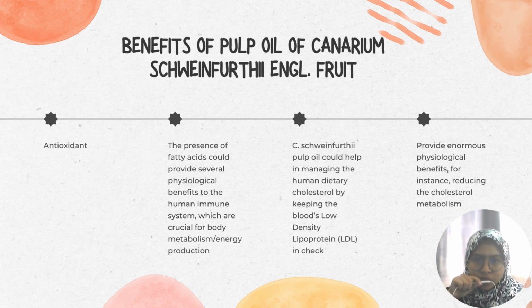The pulp oil could help in managing human dietary cholesterol by keeping blood low density lipoprotein low. And lastly, the fruit can provide enormous physiological benefits, for instance, reducing cholesterol metabolism.